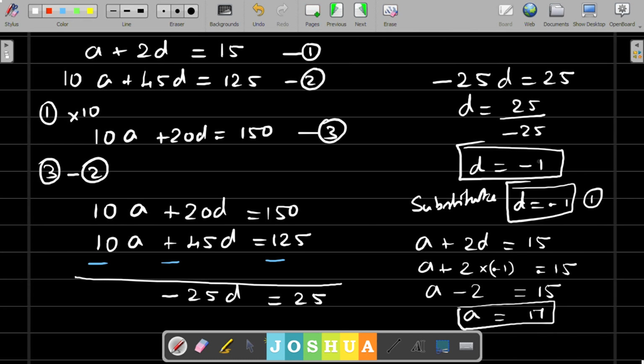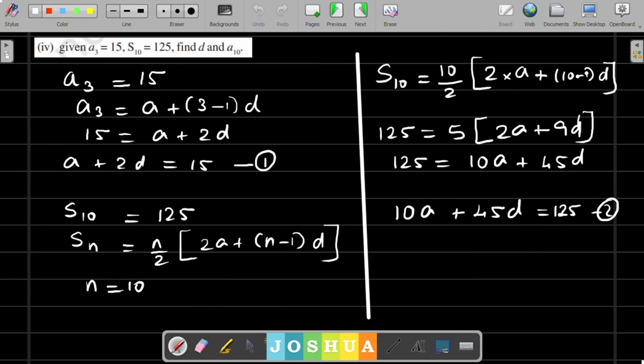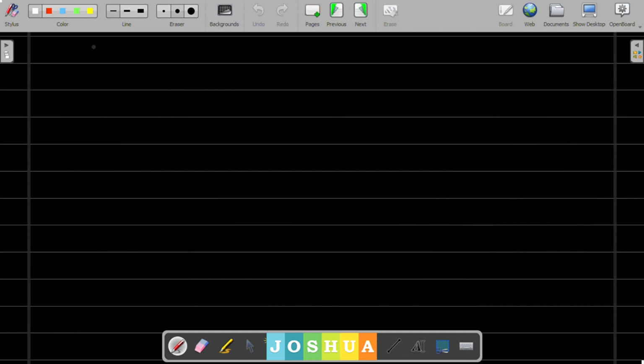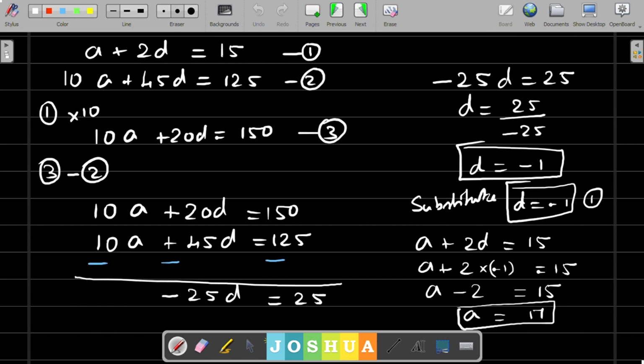Now the next process is I have to find a10. How to find a10? Again the simple formula only. a10 is equal to a plus n minus 1 times d. So substitute the value of a. What is the value of a? 17 we found.